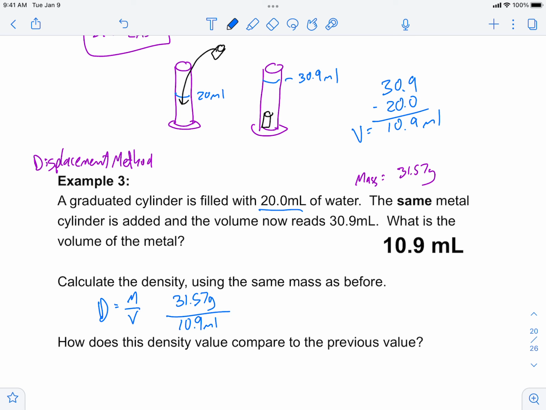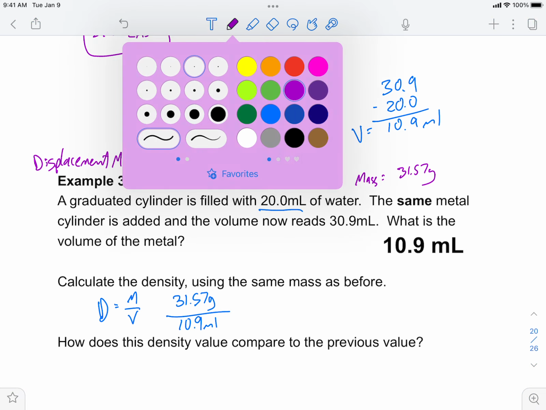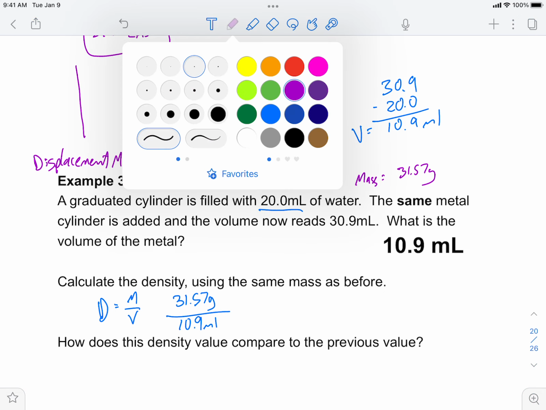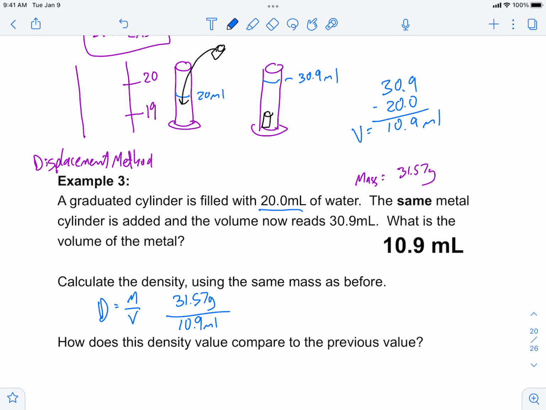Now, while we're talking about using graduated cylinders, let's revisit again how we read measurements. Remember that you estimate between the smallest markings if you can. So if this was 19 and this was 20, and you always read the bottom of the meniscus, this is probably what they're saying.